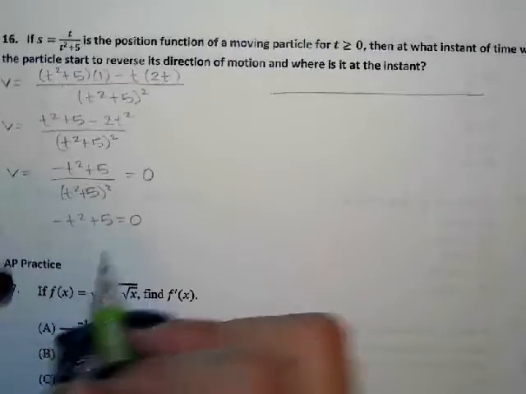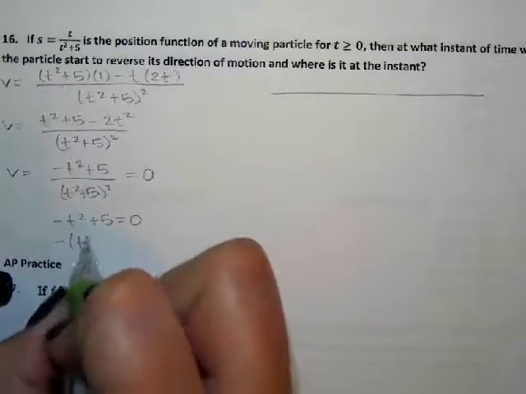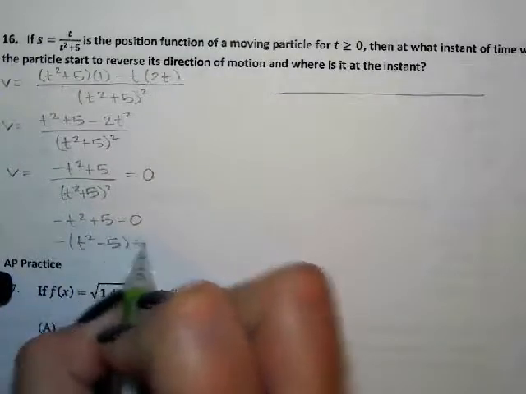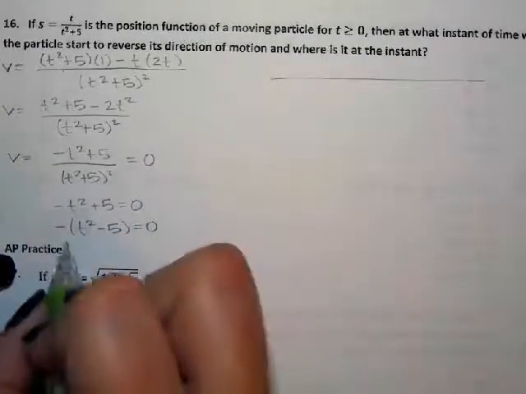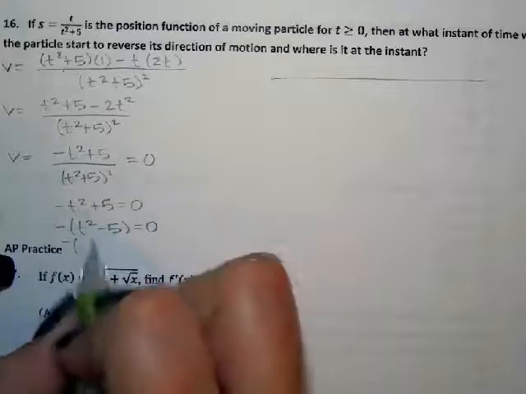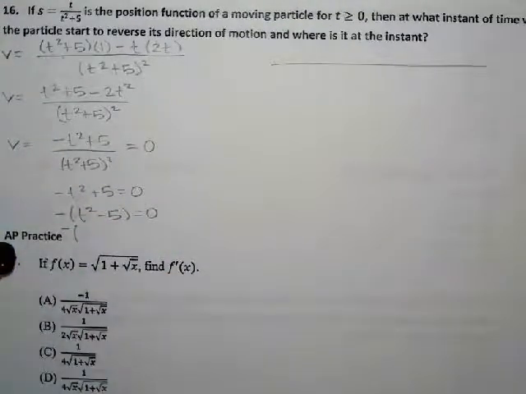You can factor it. Take out a GCF of a negative and get t squared minus 5. And then I would just factor using difference of squares. Even though it's not a perfect square, you can still do it. I like having my stuff in factored form because I like being able to plug numbers into factored form.